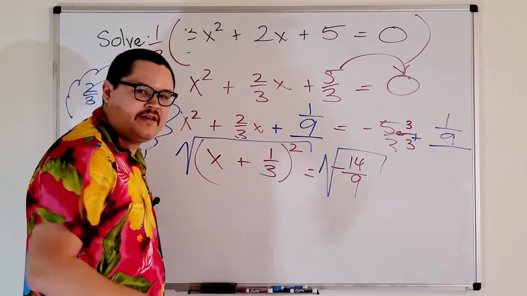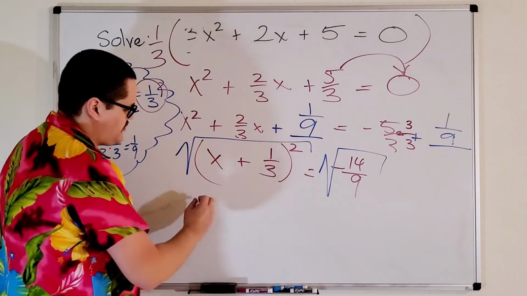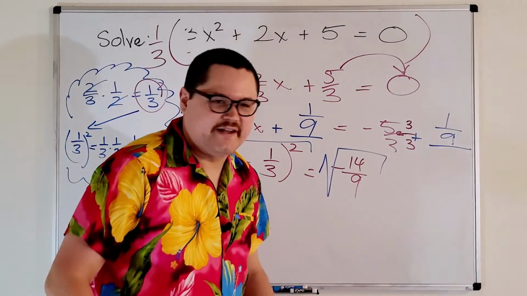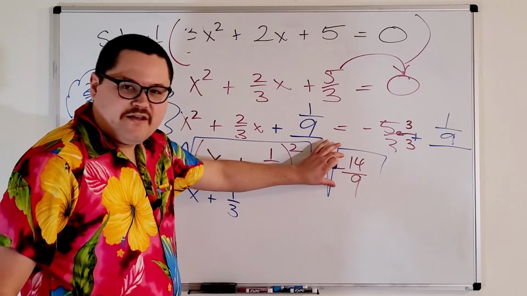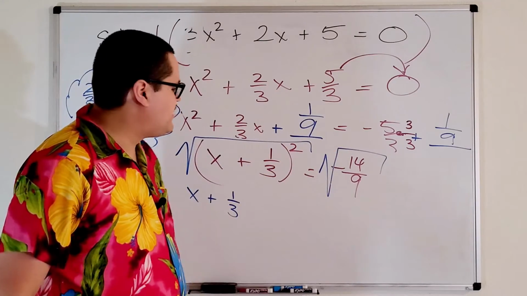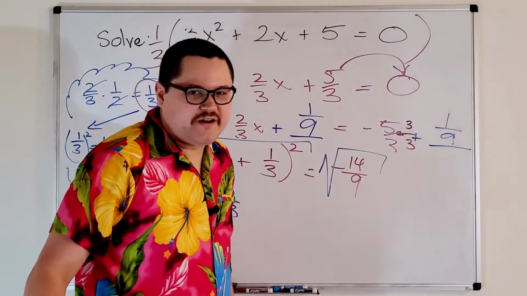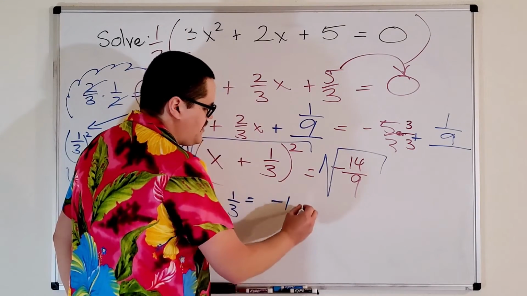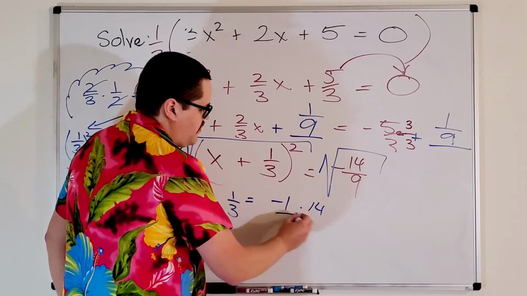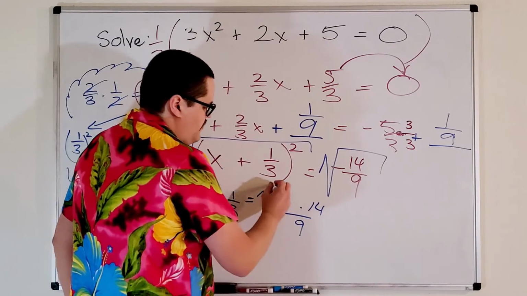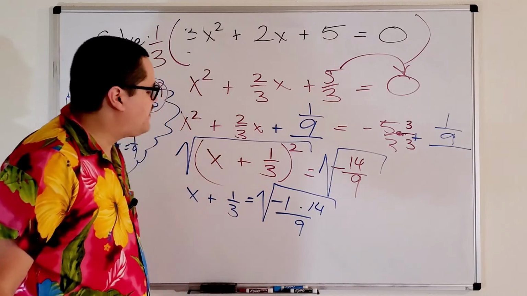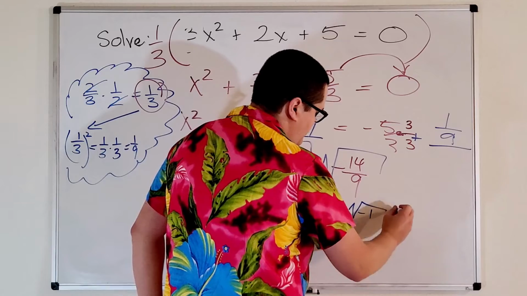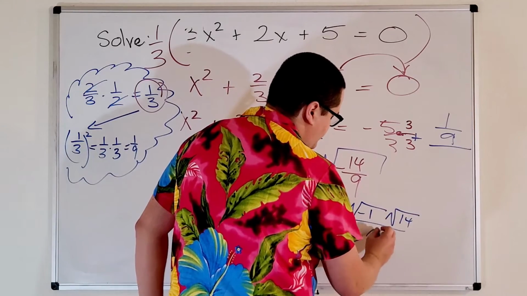On the left, the square and the square root just cancel, so you have x plus 1/3. On the right, it gets complicated. So we have a negative 14 over 9, but that factors as negative 1 times 14 over 9. So when we have the square root of this whole thing, this is just square root of negative 1 times square root of 14 over square root of 9.